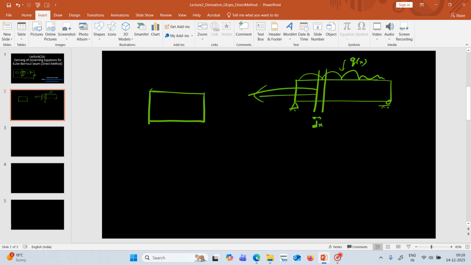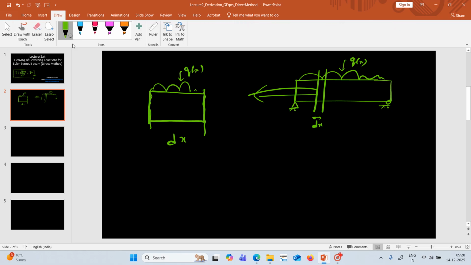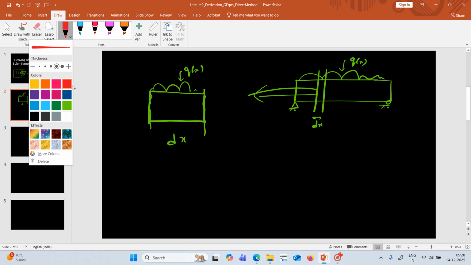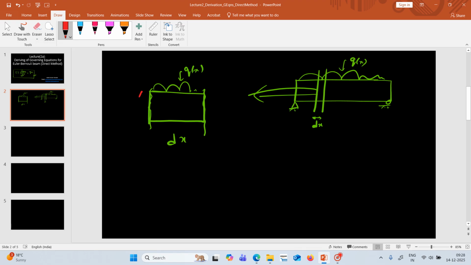So this is the dx length, and the load is the q of x load, and we have the reactions corresponding to that. So let us say V of x we have, and on this edge at a distance dx, from the Taylor expansion, it is V(x) plus dV(x)/dx into dx.